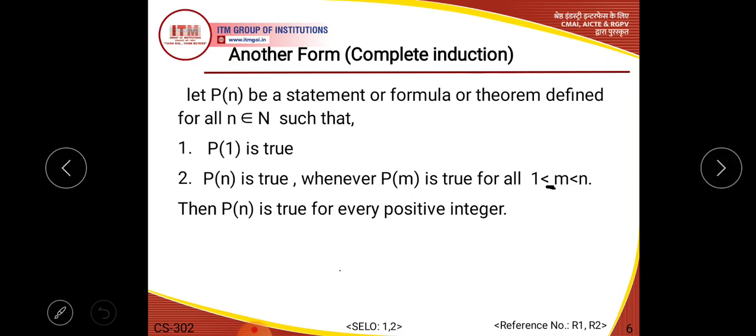After that, P(n) is true whenever P(m) is true for all m greater than or equal to 1 and less than n. Then we can say P(n) is true for every positive integer. So these are the two statements for mathematical induction.